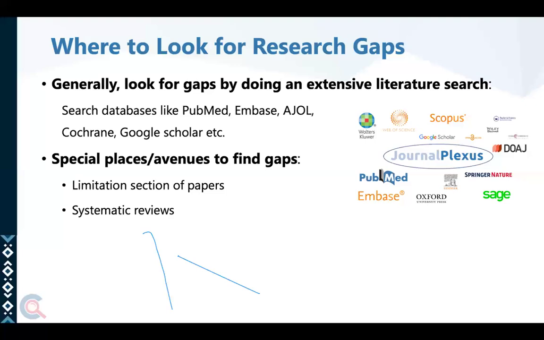The next place where you can really find gaps is systematic reviews. This is the whole point of systematic reviews. Systematic reviews kind of help you do the literature search. The point of systematic reviews is to look at what is known about a particular topic that has been clearly defined, and to synthesize the evidence and draw a conclusion.